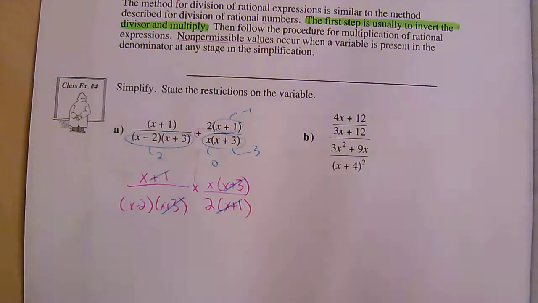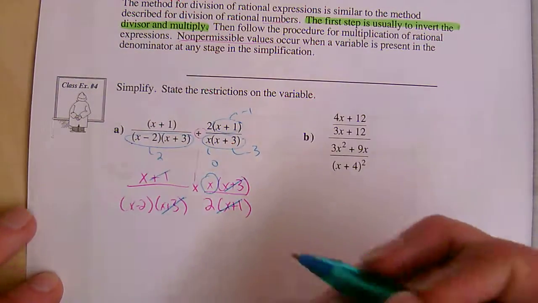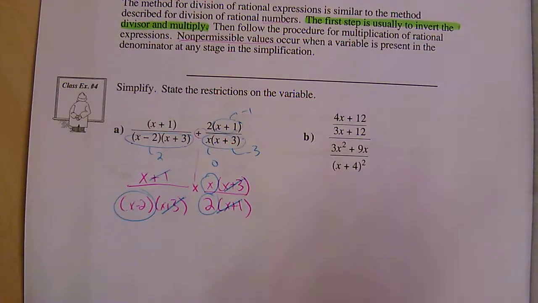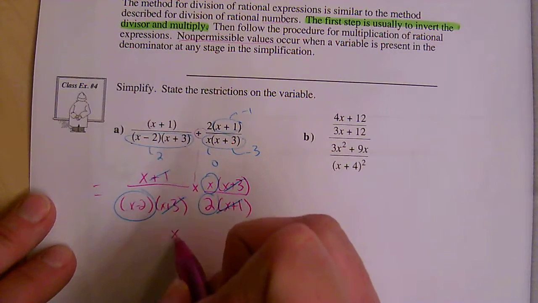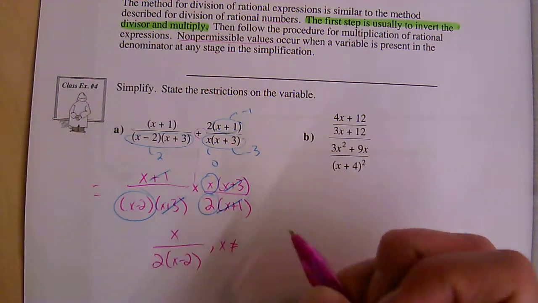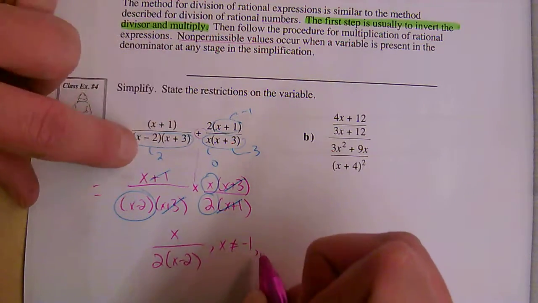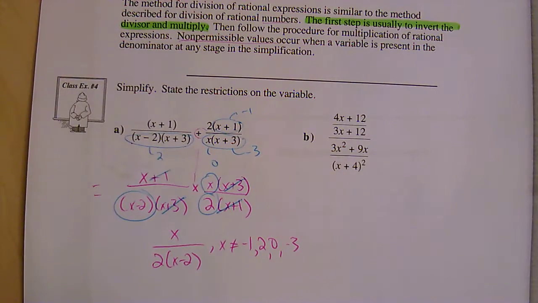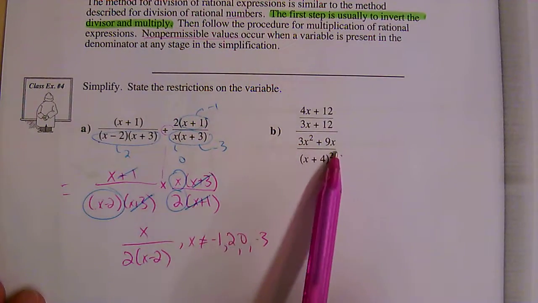So then I'm left with an x on top and an x minus 2 and this 2. So then x over 2x minus 2. x cannot equal -1, 2, 0, -3. Technically I'd put those in order, but as long as I'm stating them, that's good. So these are the two different ways you can see division.